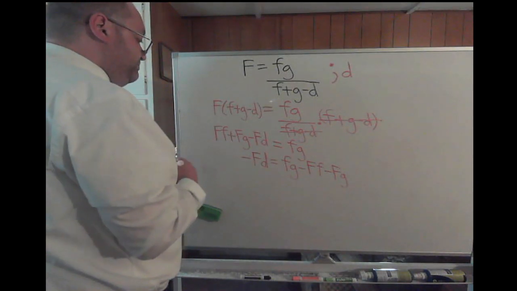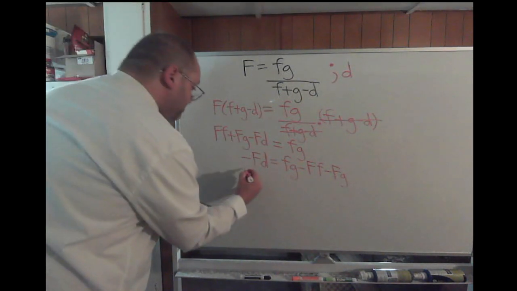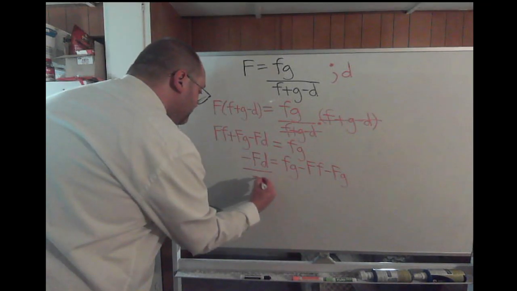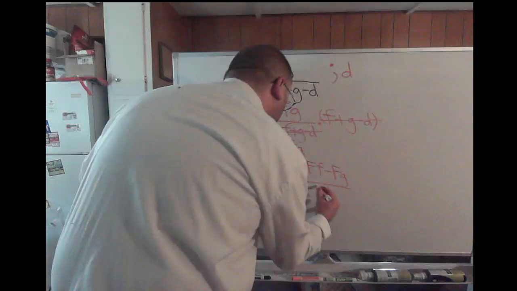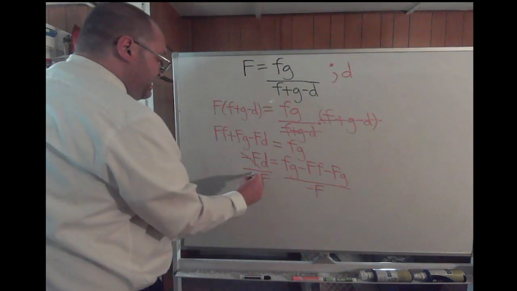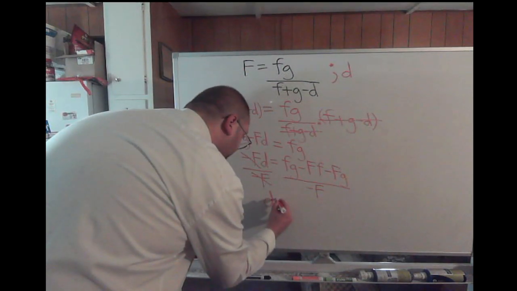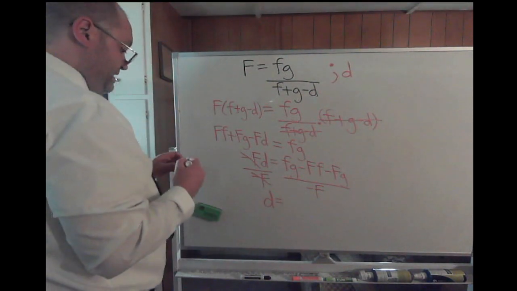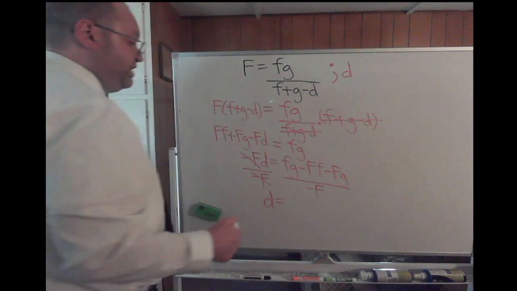Now we just want to solve for d, so you've got to divide both sides by negative F. On the left side, the negative F's will cancel out. You'll just be left with d is equal to that fg minus Ff minus Fg all over negative F.